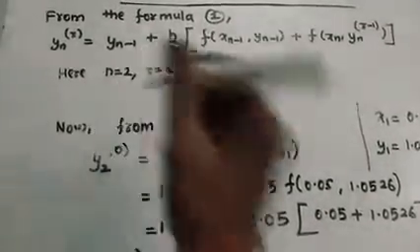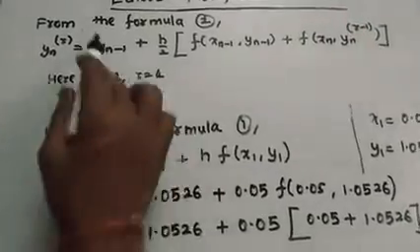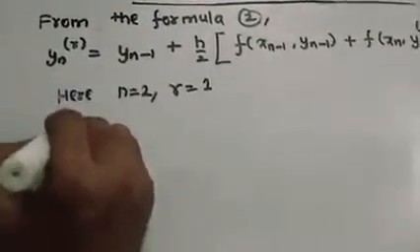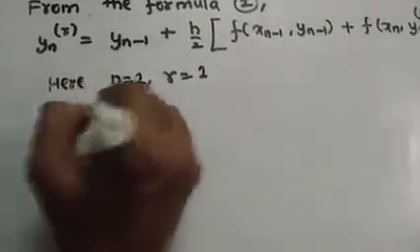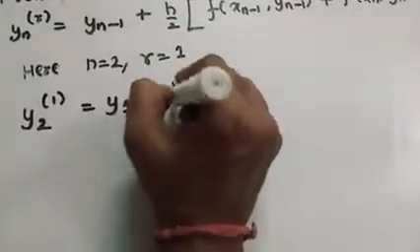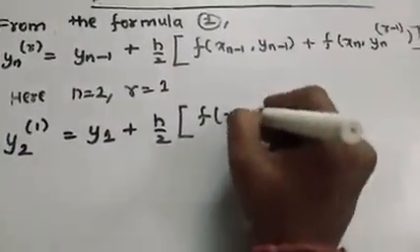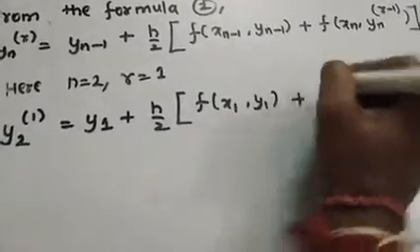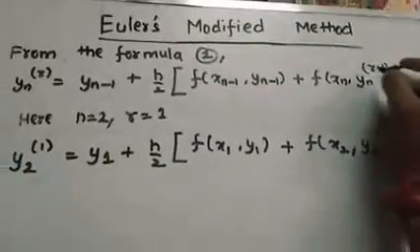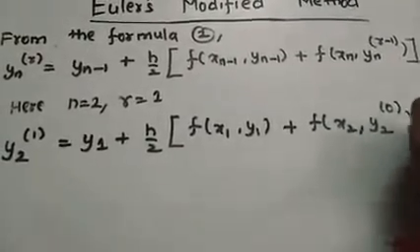So for r equals 1 we will find. Okay, so now let us put n equals 2 and r equals 1. So putting here, y2 1 equals y2 minus 1 1 plus h by 2 f of x1 comma y1 plus f of x2, y2, r is 1, that means 1 minus 1, 0.